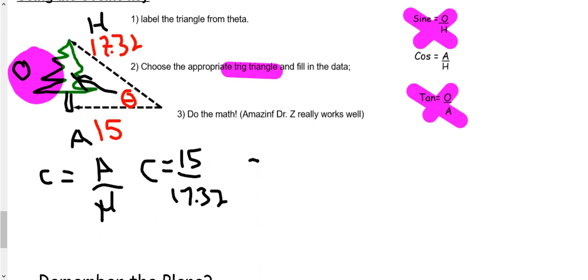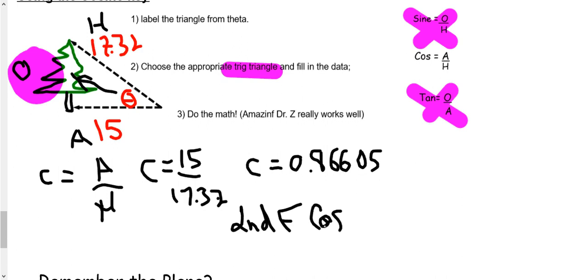Now, if we go 15 divided by 17.32, we get a decimal 0.86605. Okay, so what do we do now? Second function. Get the second function. You'll love it. All right. Second function.